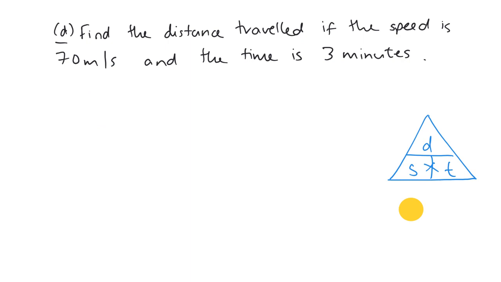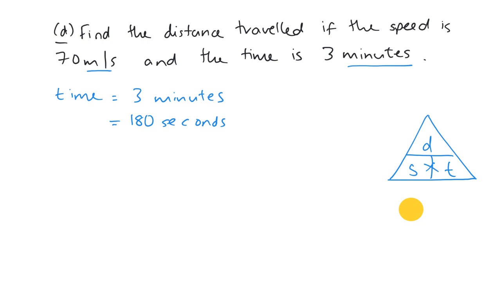Part D, find the distance travelled if the speed is 70 metres per second and the time is 3 minutes. So again, we'll check the units to see if they're matched. We've got metres per second and minutes, so that won't work. So our time is 3 minutes. I'll have to change that into seconds. So there's 60 seconds in a minute, so we've got 180 seconds in 3 minutes.